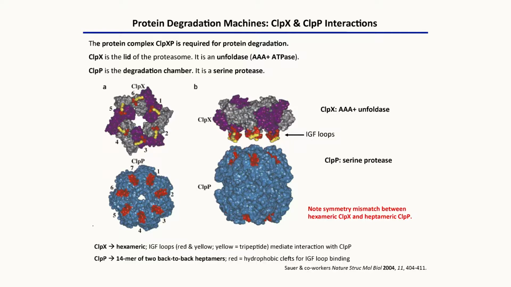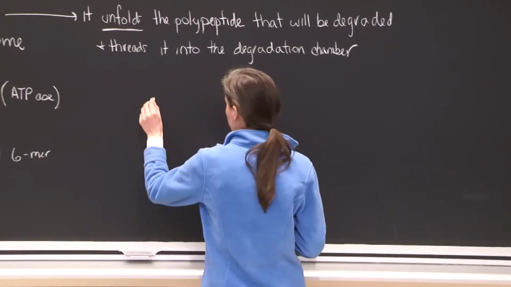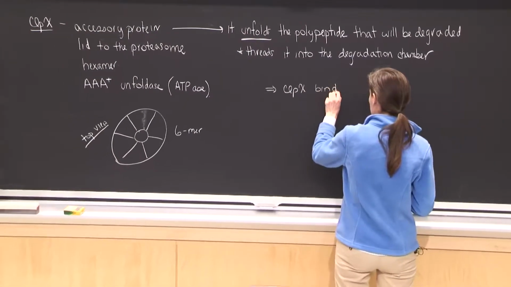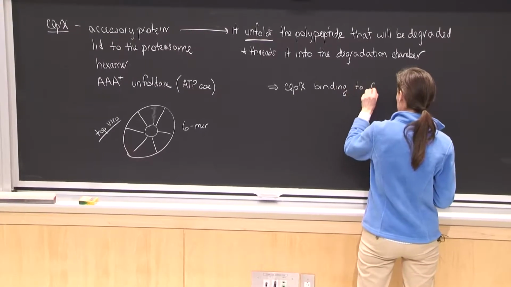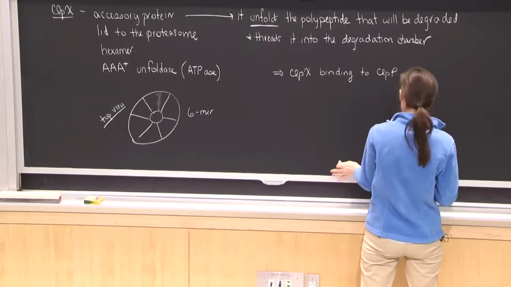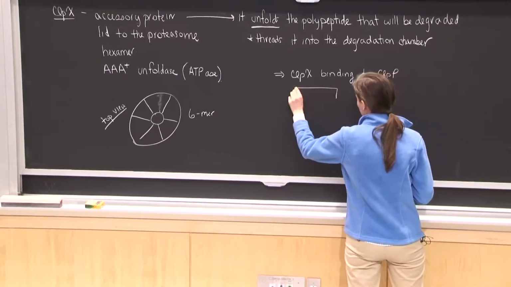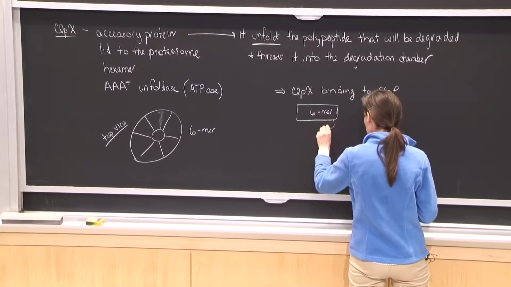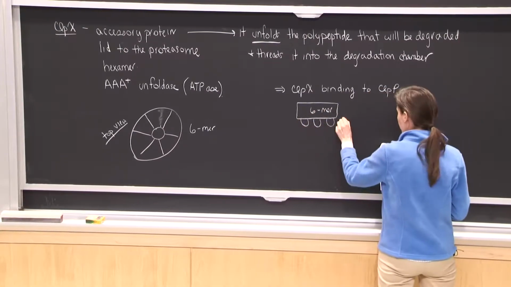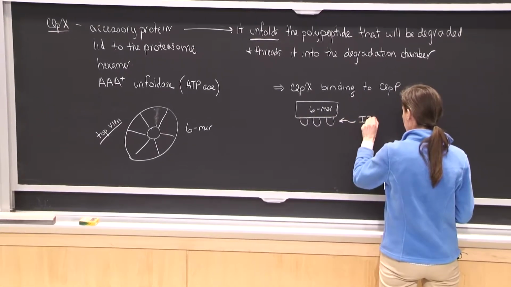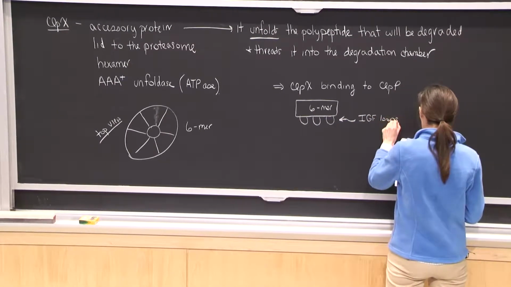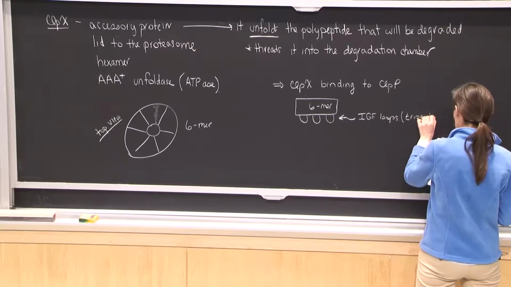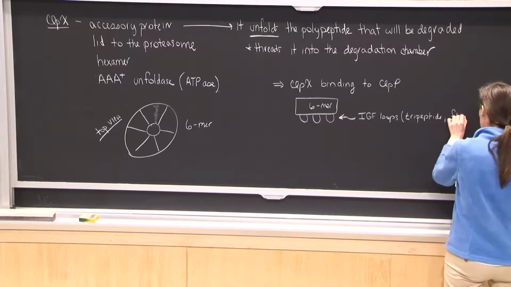And so if we think about how ClpX binds to ClpP, what we see is that we have the 6-mer, and we're looking from the side view. There are some loops called IGF loops. These are tripeptide motifs, and they're flexible.